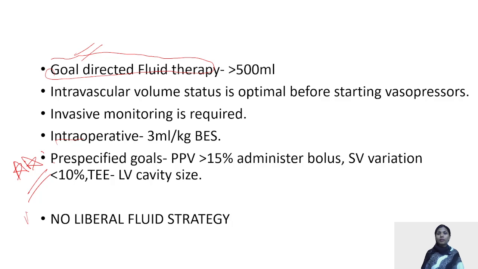I repeat, the pre-specified goals of goal-directed fluid therapy are that if you have pulse pressure variation of more than 15%, you have to administer the fluid boluses to the patient. But if stroke volume variation is decreased to 10%, it means that LV cavity size is maintained. Done.